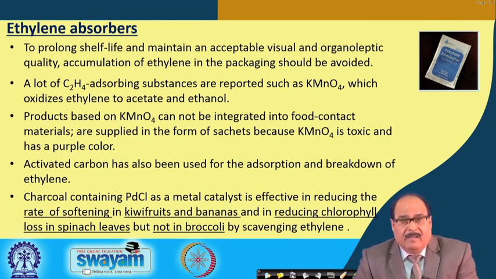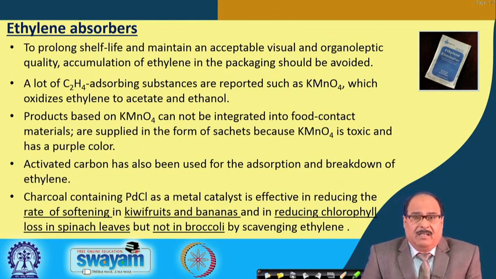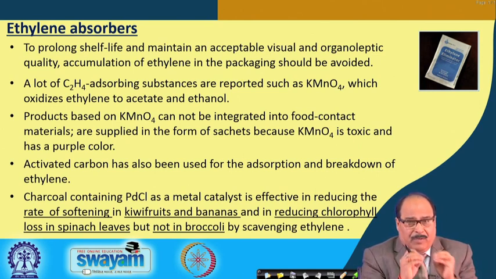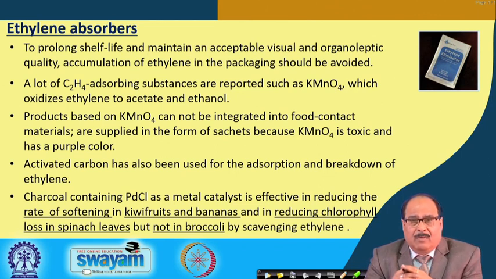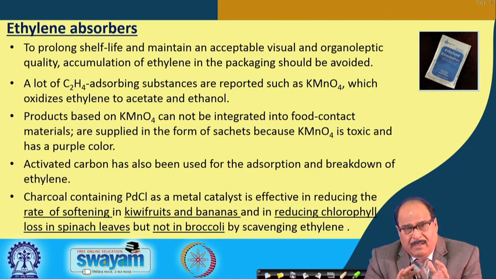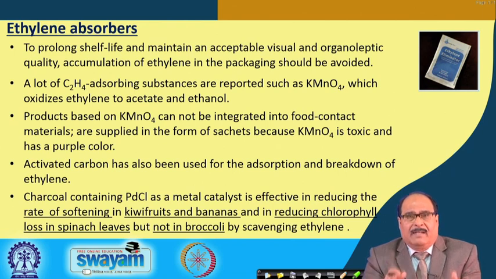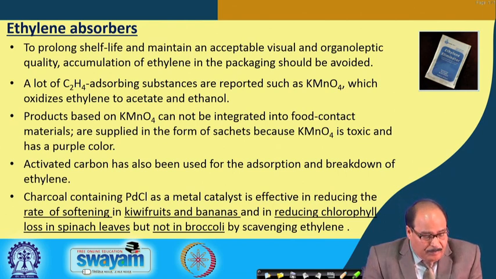So, it may influence the color of the food material and may provide some toxicity. So, care is taken that the packet in which these ethylene absorbers are put should provide the required permeability to ethylene, but should definitely stop the contact of the food with the potassium permanganate.